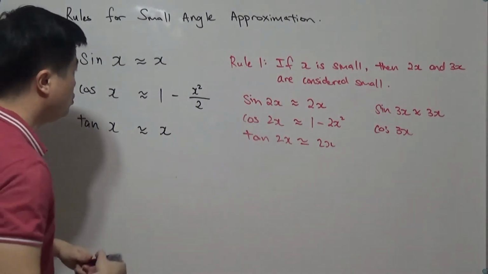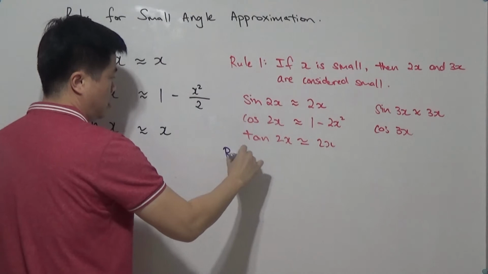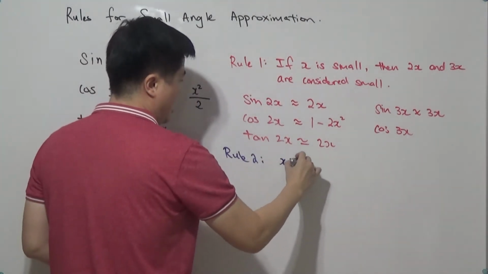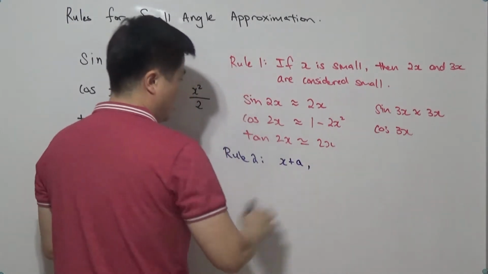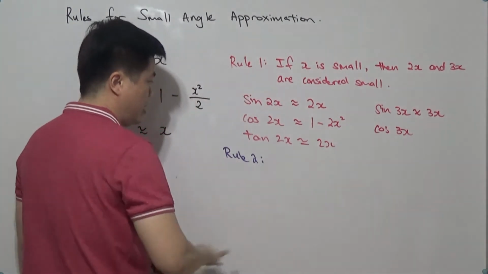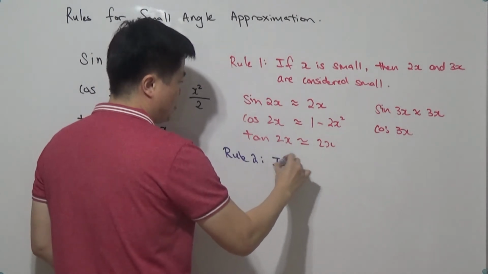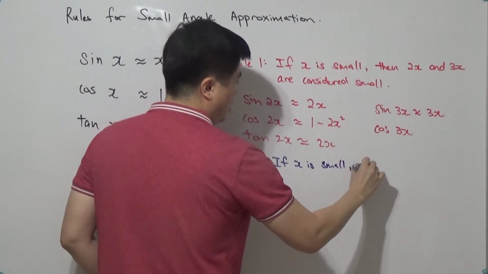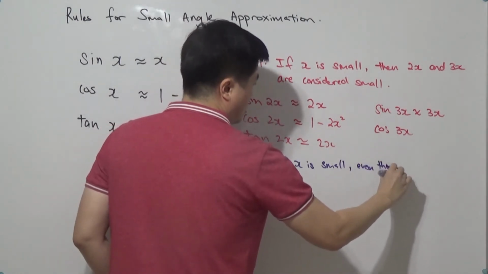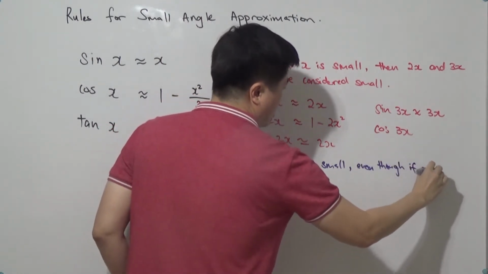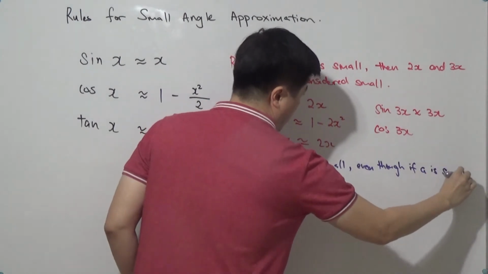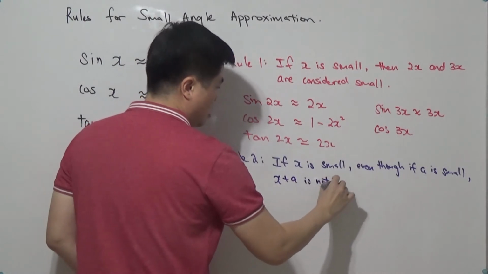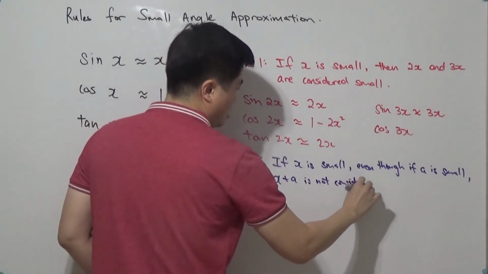Now let's move on to rule 2. Rule 2 is about x plus a. Let's write this down. If x is small, or sufficiently small, even if a is sufficiently small, x plus a is not considered small.